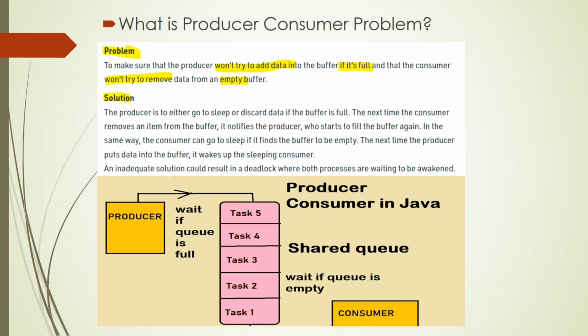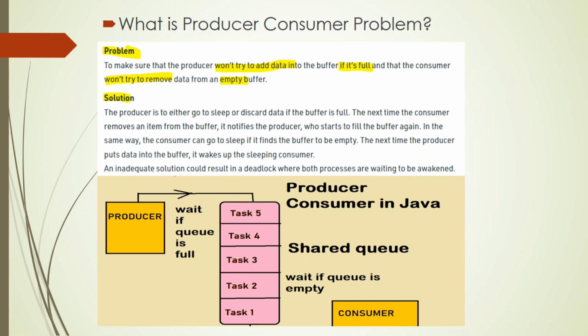If there is a collection in which some thread is inserting and another thread is retrieving, there could be an issue: the inserting thread will keep on adding even if the queue is full, and the consumer will keep retrieving even if the queue is empty. So what will happen in that case? This is the problem actually.